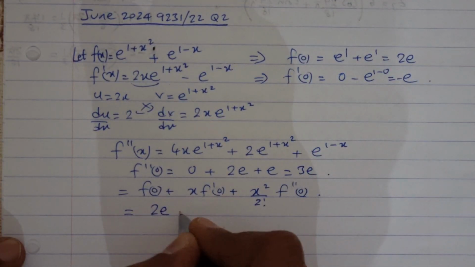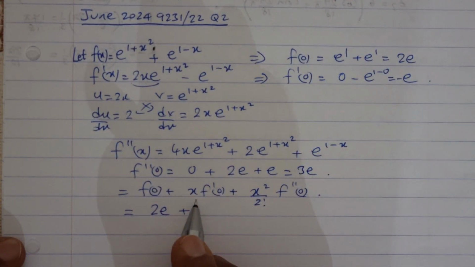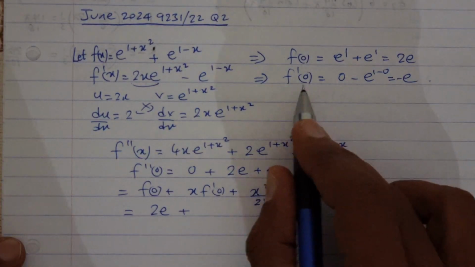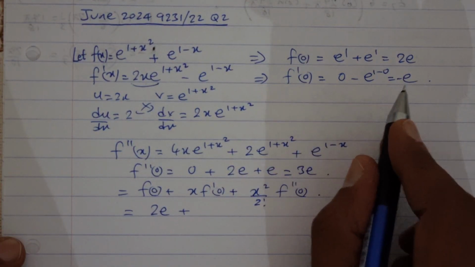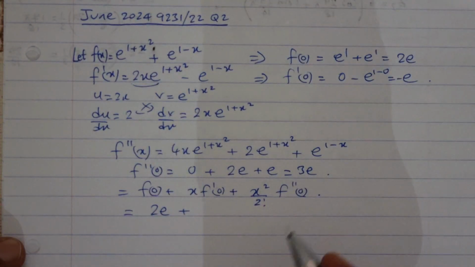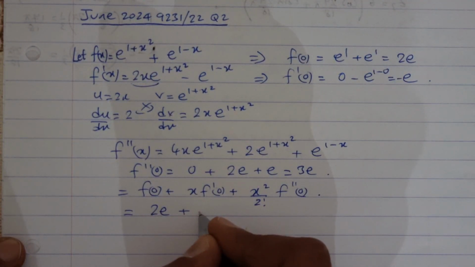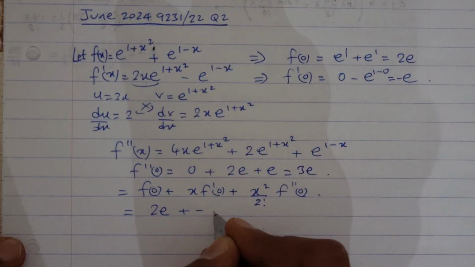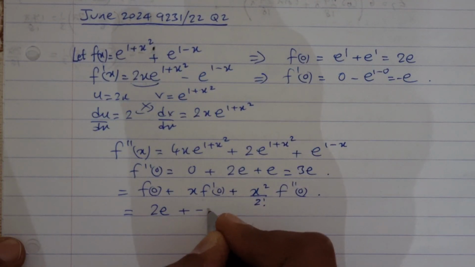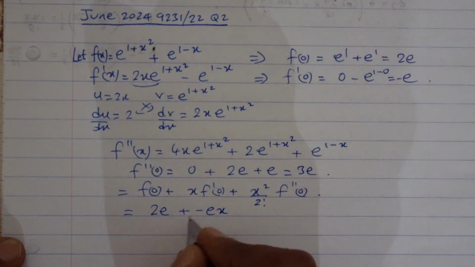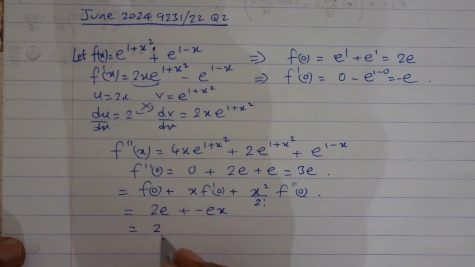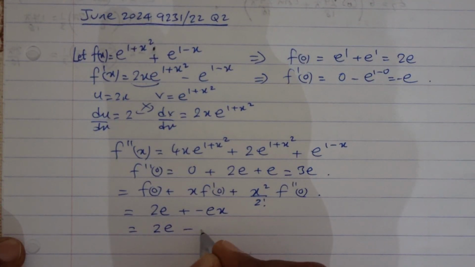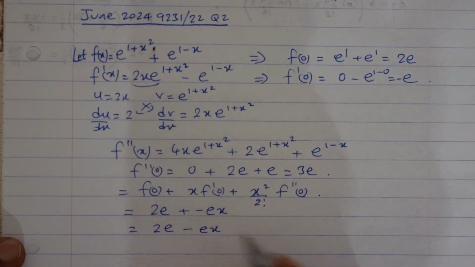So we've got 2e plus x times f prime of 0. f prime of 0 is minus e, so minus e times x is minus ex. And then the plus and minus becomes minus. So I've got 2e minus ex.